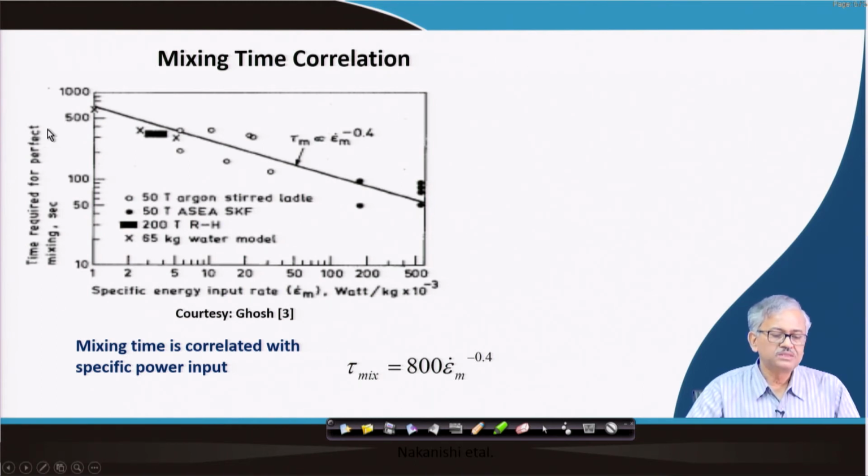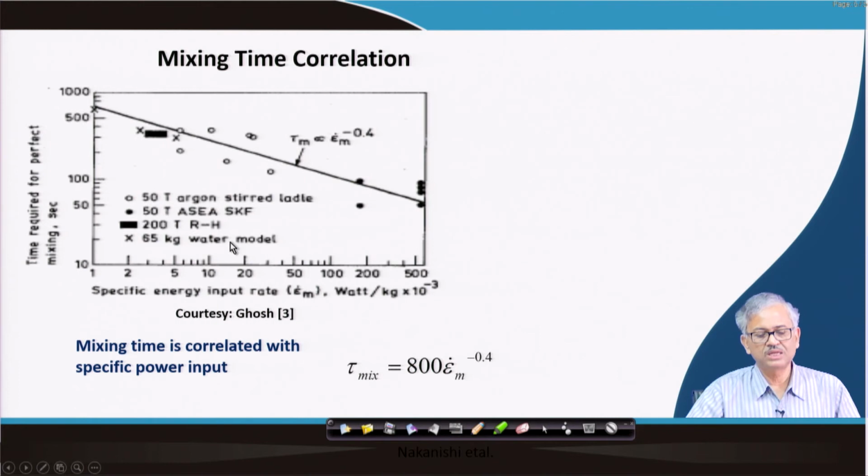This is the time required for perfect mixing, and you can find there is a good correlation between the mixing time and the specific power input into the bath. This data has been taken from a 50-ton argon-stirred ladle, a 50-ton ladle, a 200-ton RH degasser, and a 65 kg water model.